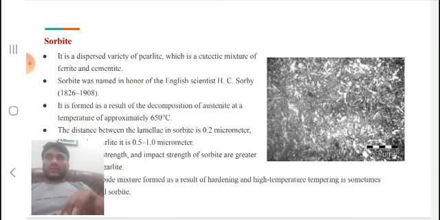So sorbite is also a very fine structure of pearlite.